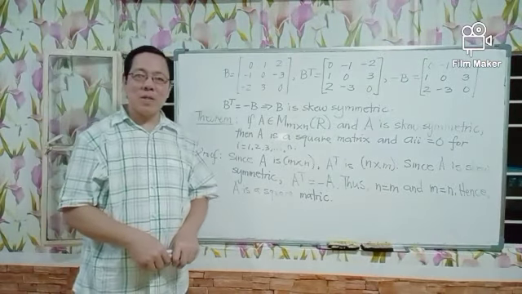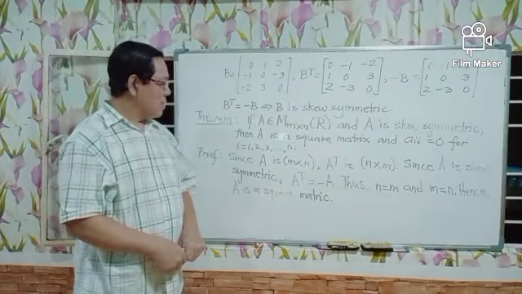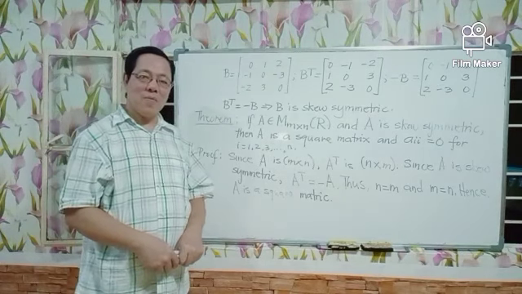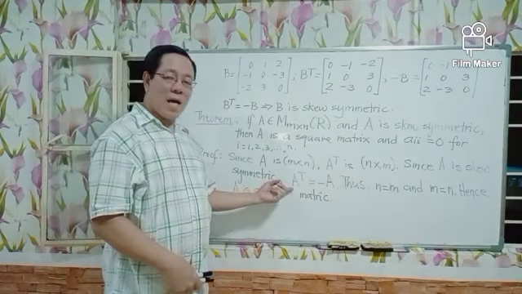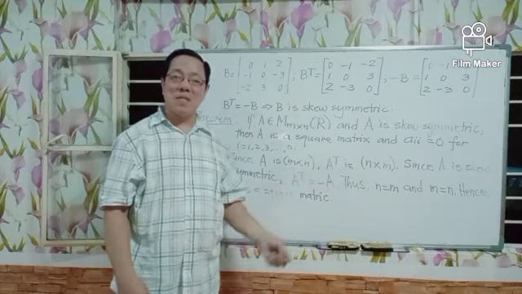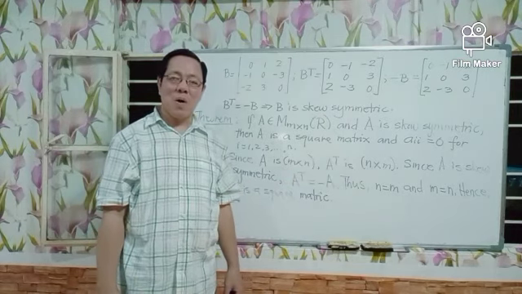And we denote the diagonal entries of A. A transpose and negative of A have the same number of rows and the same number of columns.